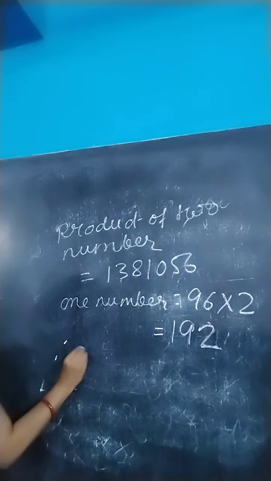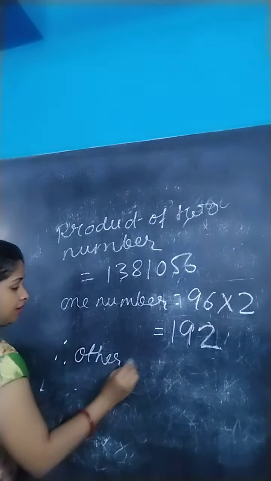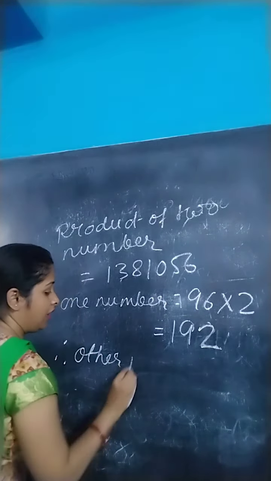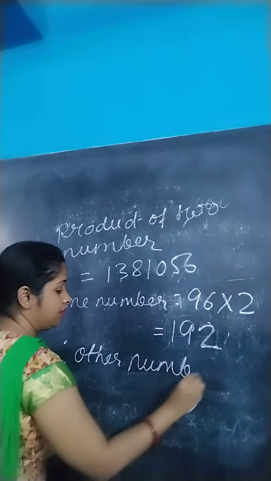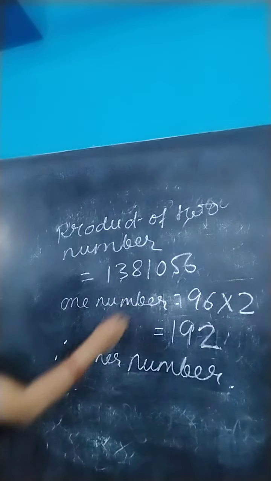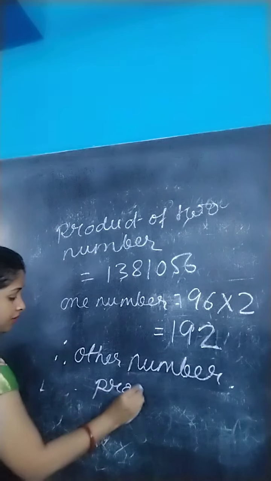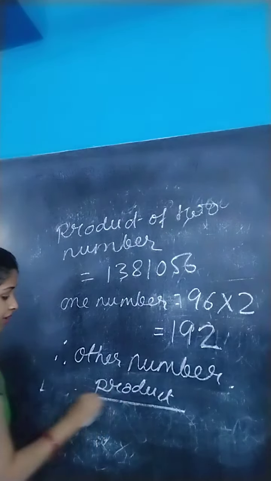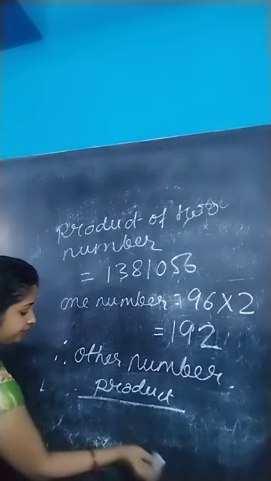Therefore, the other number must be the product divided by one number.